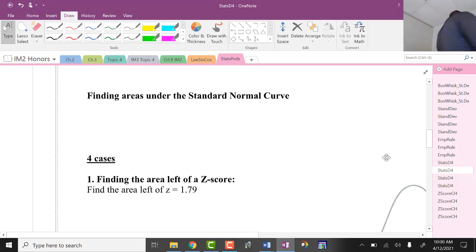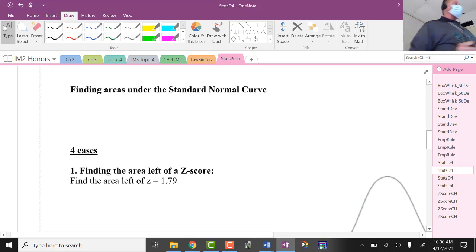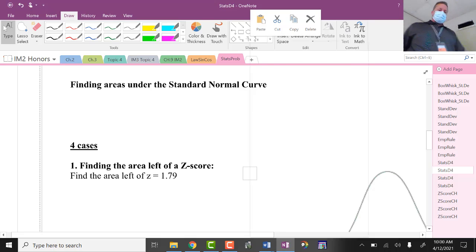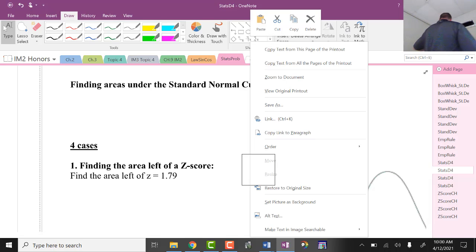Okay, all right, so what are we going to do here? Find areas under a standard normal curve. I just want to get my wording right. I got to take my headphones off for a second. A little unprepared, a little out of practice for this daily thing. Where did I put it? I always do this to myself. I always put my sheets in weird spots. Darn it. I'll be right with you.